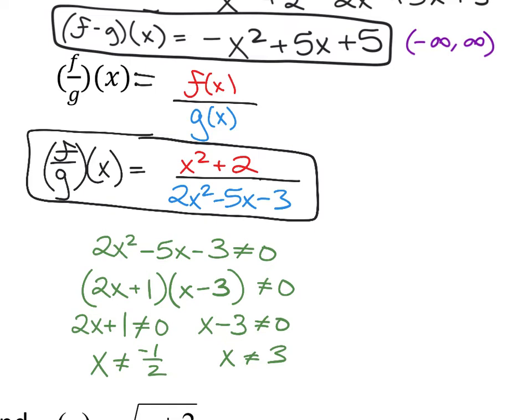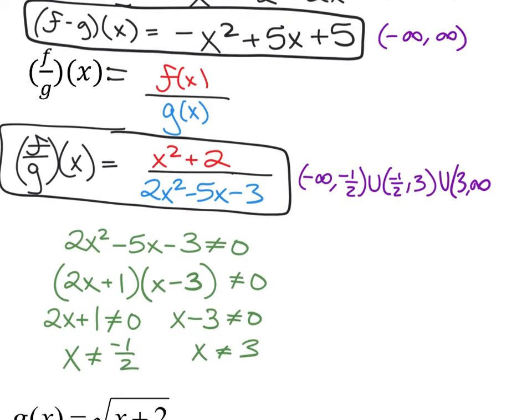So instead, my domain now is going to be from negative infinity to negative 1/2 with a hole there, from negative 1/2 to 3 with a hole there, and then from 3 to infinity. If you're like, where, how, what? Here's what I did. In my head, I did the number line that we're used to doing with the numbers negative 1/2 and 3 on it.